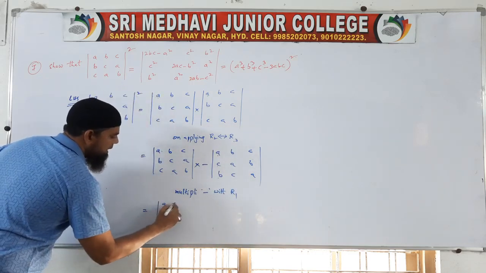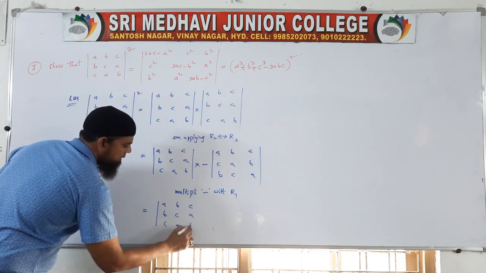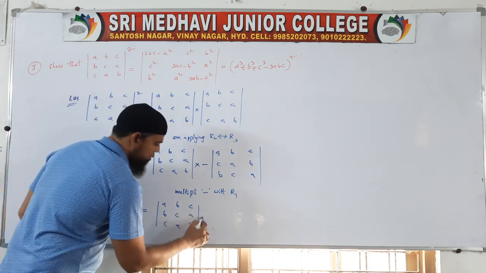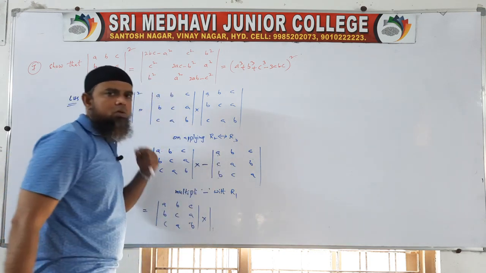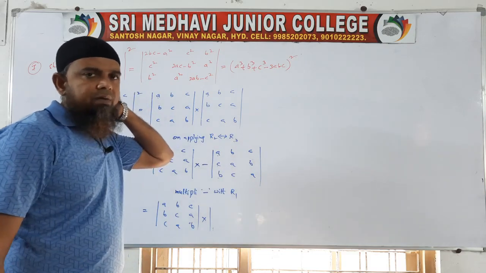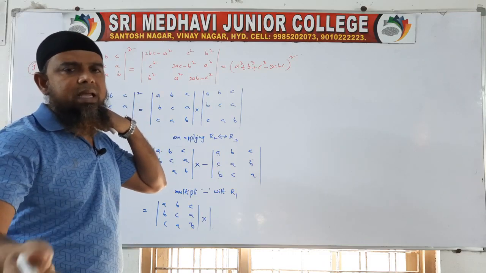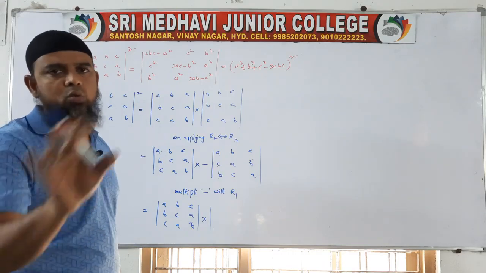So what you will get? You see here, A, B, C, B, C, A, C, A, B into the determinant with minus. As you know the rules of determinant, whenever you multiply anything to the determinant, it is multiplying either one row or one column, not the total determinant.